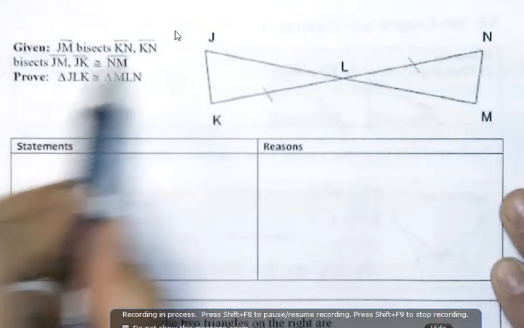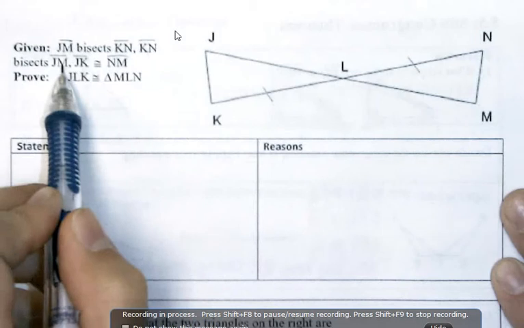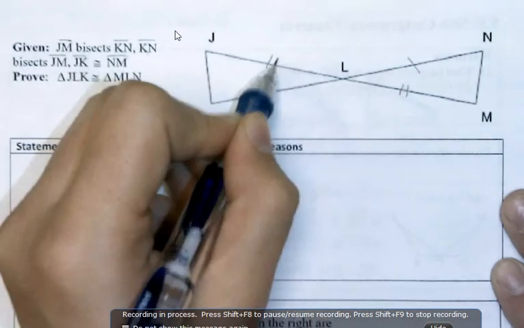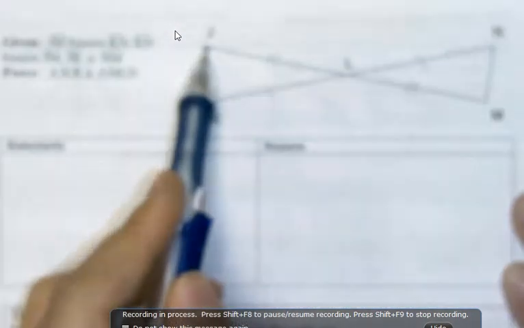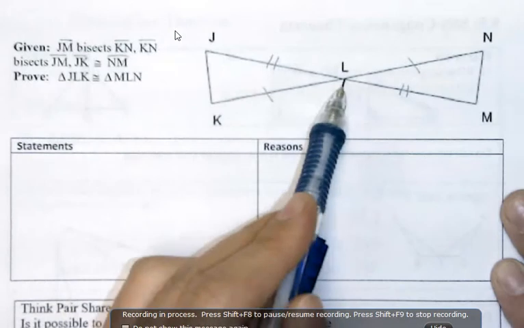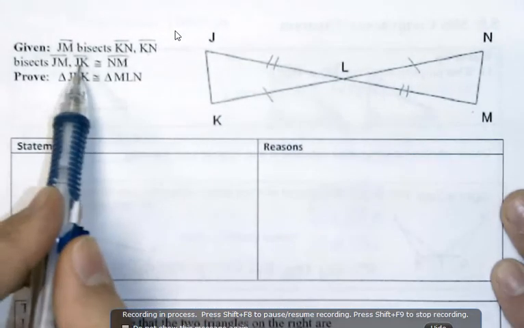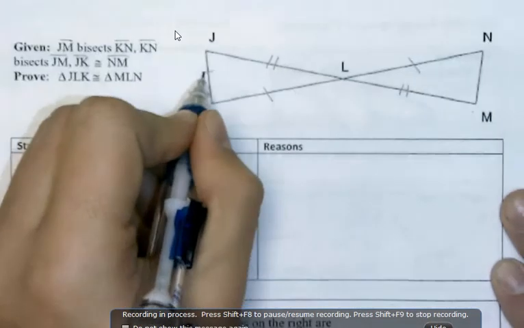Alright, and then it says KN bisects JM. So now KN is doing the bisecting and JM is the thing being bisected. So I know now segment JL is congruent to segment LM. Then it tells me that segment JK is congruent to segment NM.